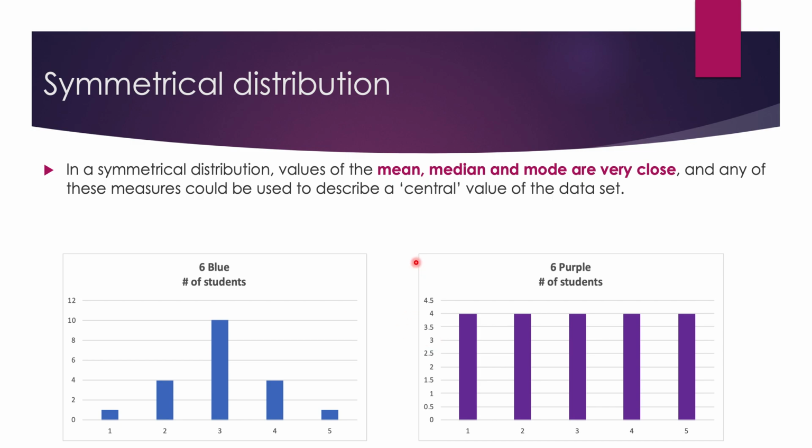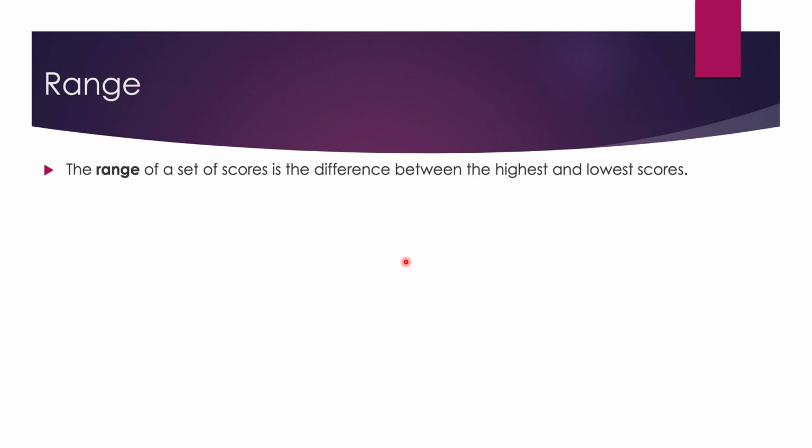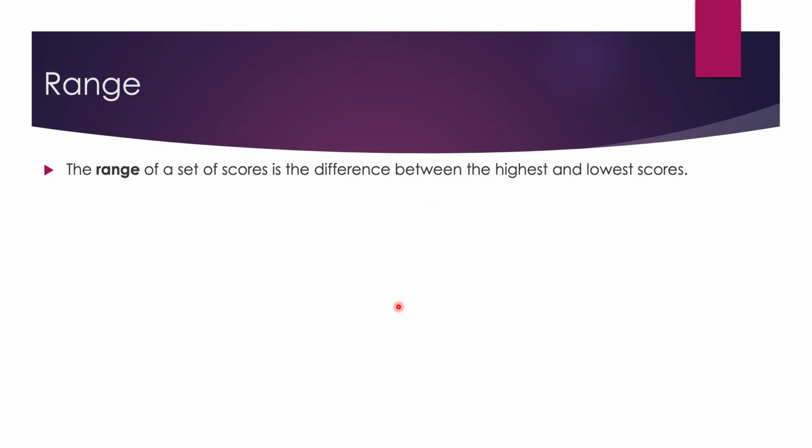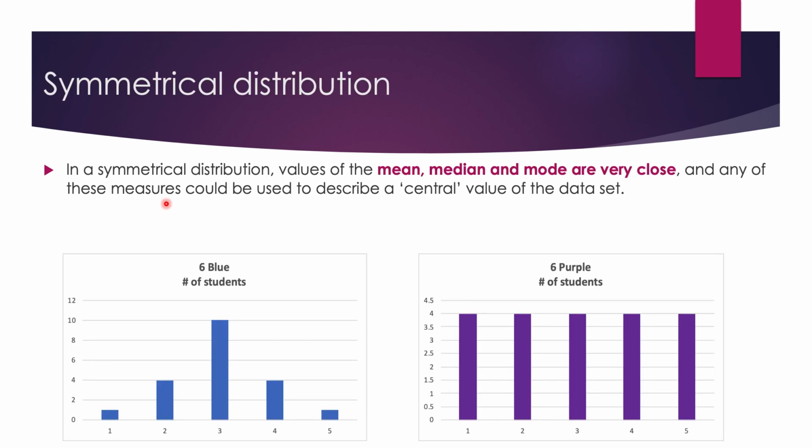So even though the range is the same here, the range will be helpful if it differs a lot from one data set to another. In this case, it doesn't make much difference to explain the difference between these two data sets, but it's a measure of spread, okay? And you have some examples to calculate the range of a set of data.